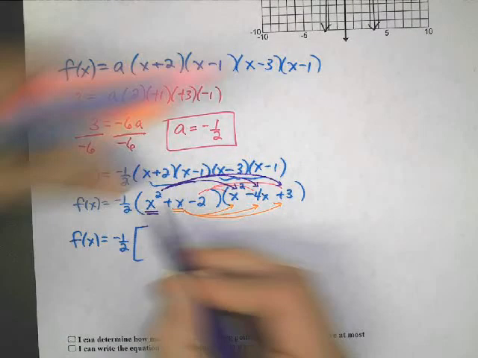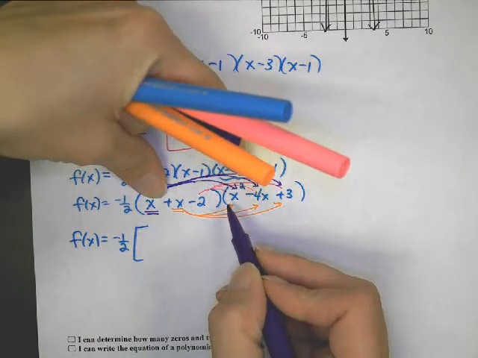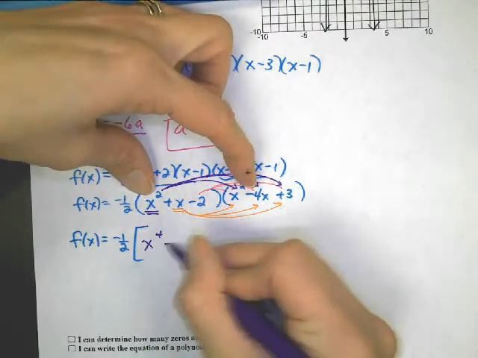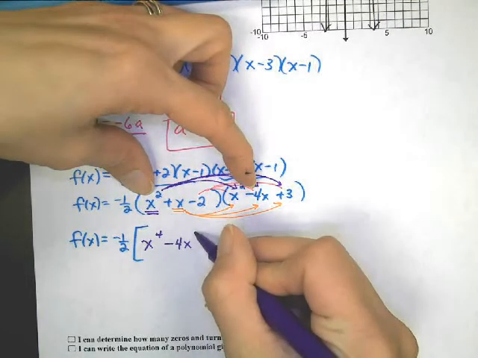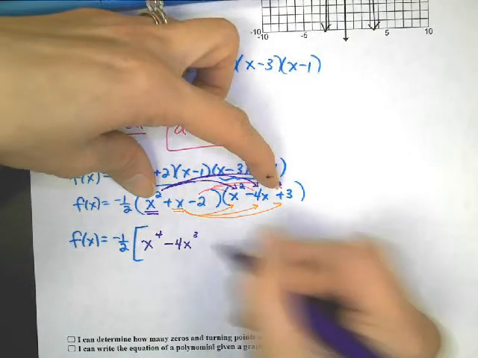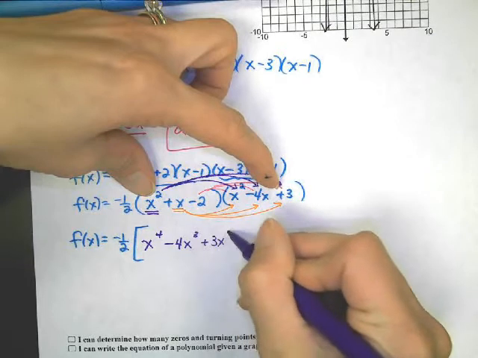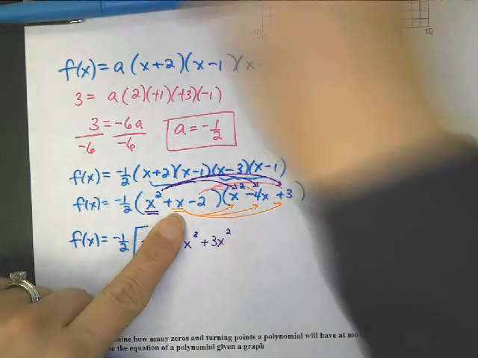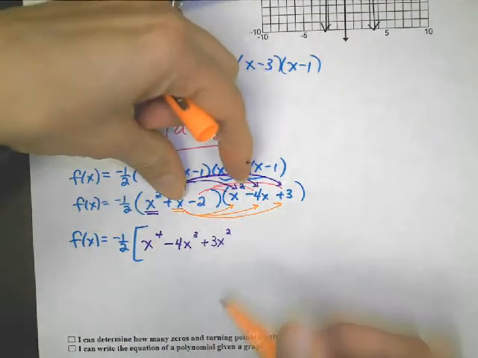Okay, here we go. Give everybody x squared. That's going to make x to the 4th. Give him x squared, that's minus 4x cubed. Give him x squared, that's plus 3x squared. Okay, purple pen, you're done. Orange pen, you're up. Everybody needs to get an x.